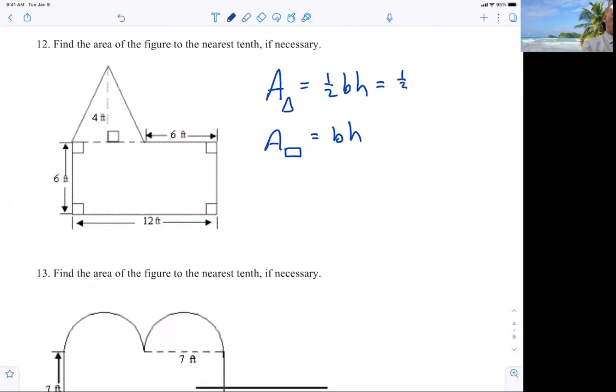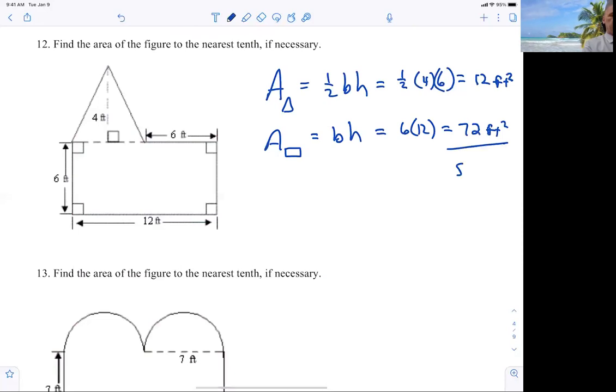Yes, 1/2 times 4 times 6. And what's that? That was 12. How did you get 72? 6 times 12, and now these are square feet, remember? So what's the total? Yeah, 84 square feet.